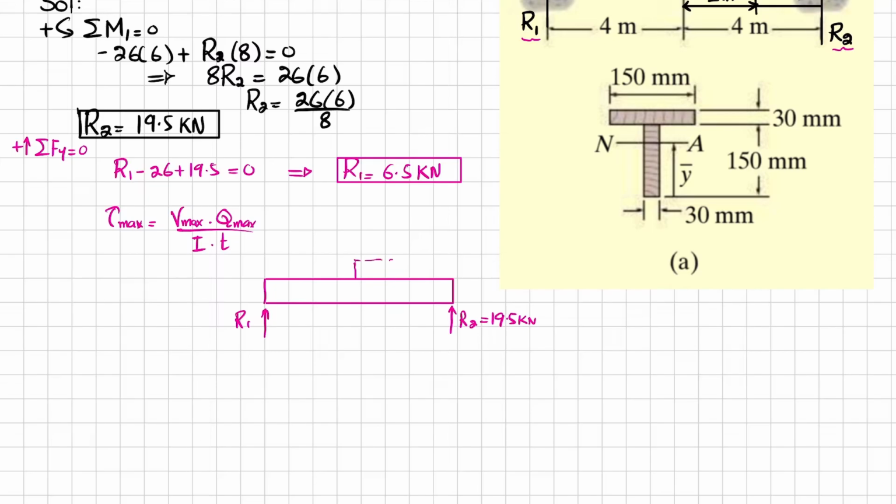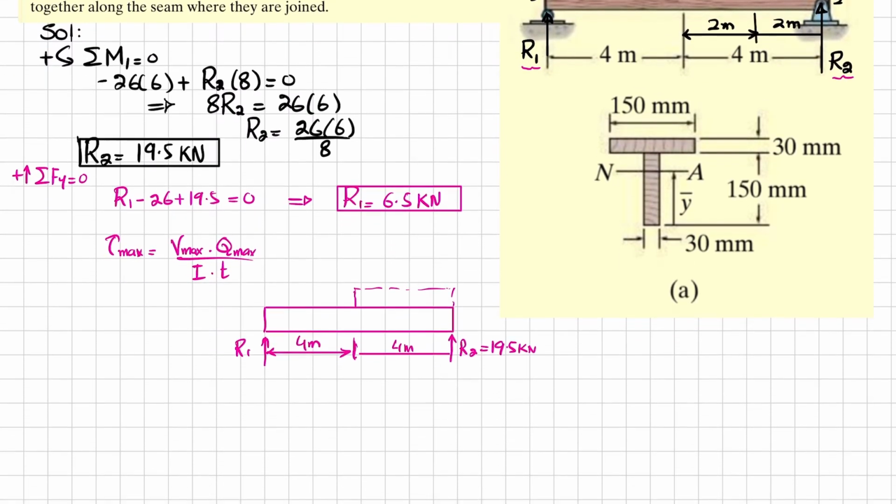And there is a distributed load acting over a length of 4 meters. So let this be the distributed load. This length is 4 meter and this length is also 4 meter, and the distributed load was 6.5 kilonewton per meter.